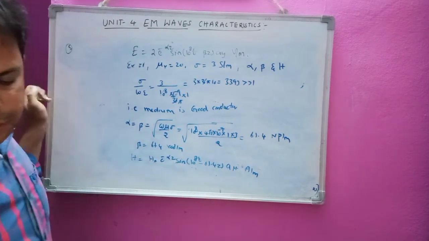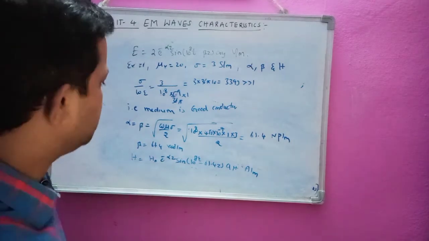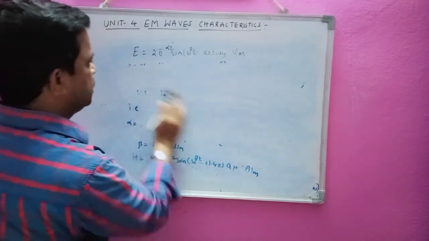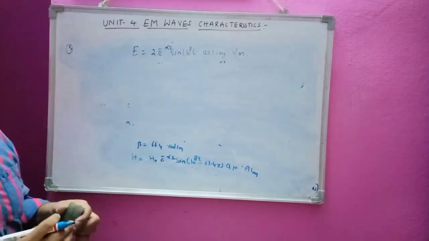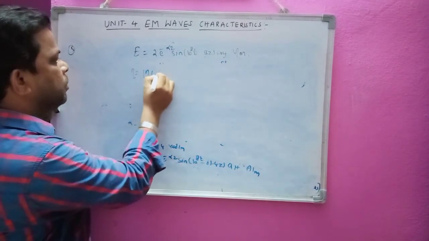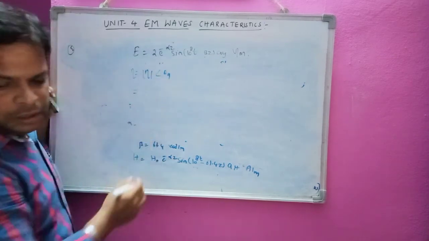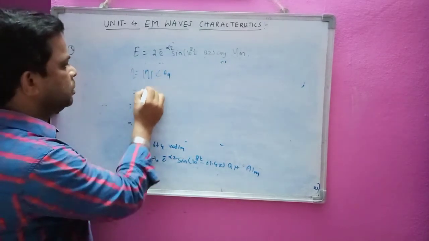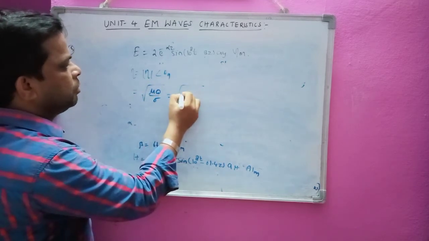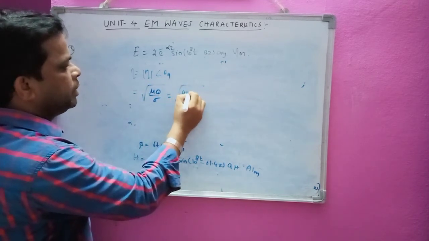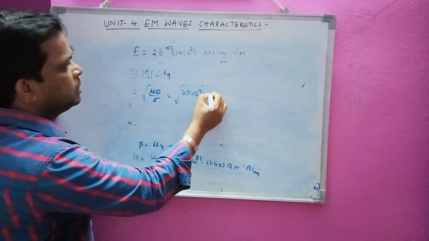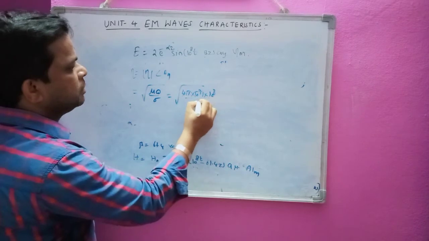Now we have to calculate this. In order to calculate this, we have to calculate the value of eta here. So let us calculate the eta value for the good conductors. For good conductors, eta is equal to mod eta at an angle theta of eta. That is, eta is equal to the square root of mu omega by sigma, where mu is mu naught, 4 pi into 10 to the power of minus 7, mu r is 1, omega is 10 to the power of 8, and sigma is 3.